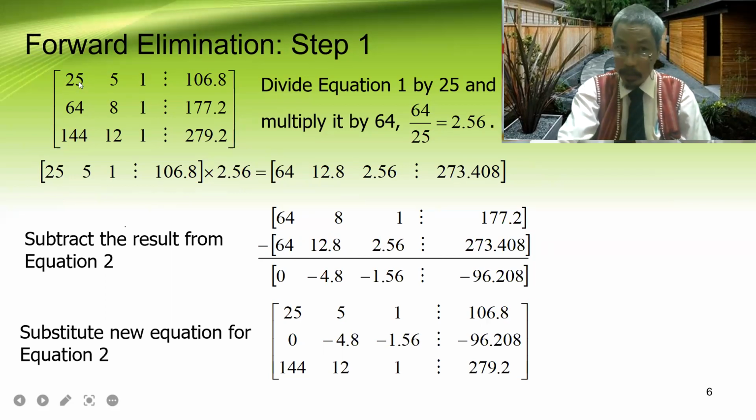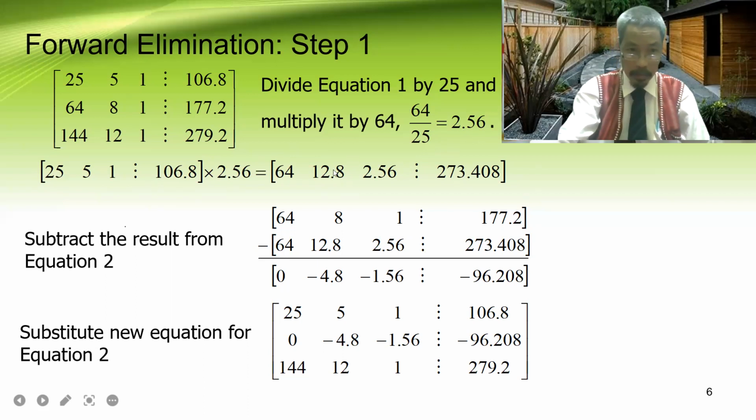So if this becomes 1 by dividing by 25 and then multiply by 64, then equation 1 will have the value 64 as coefficient for the first term. So this is the first term, second term, third term. Okay, so we need that. By dividing by 25 and multiplying by 64, this is equal to 2.56.